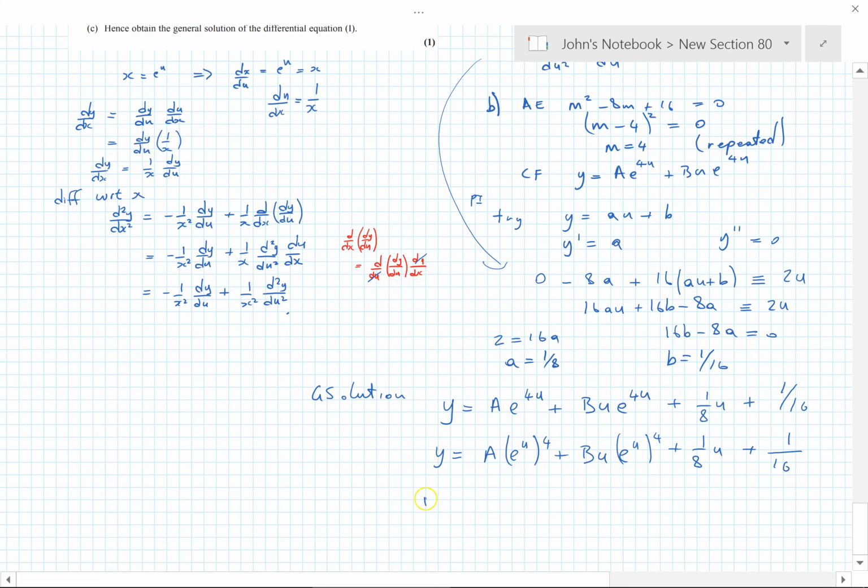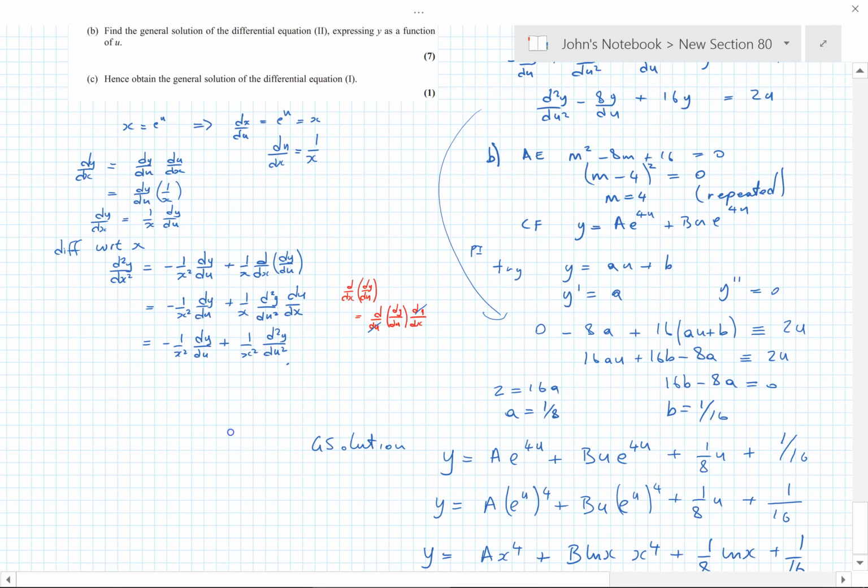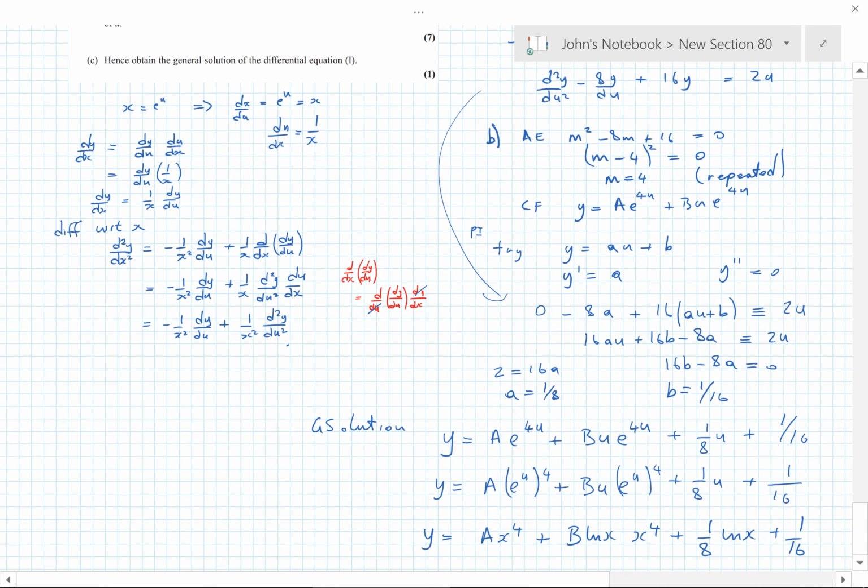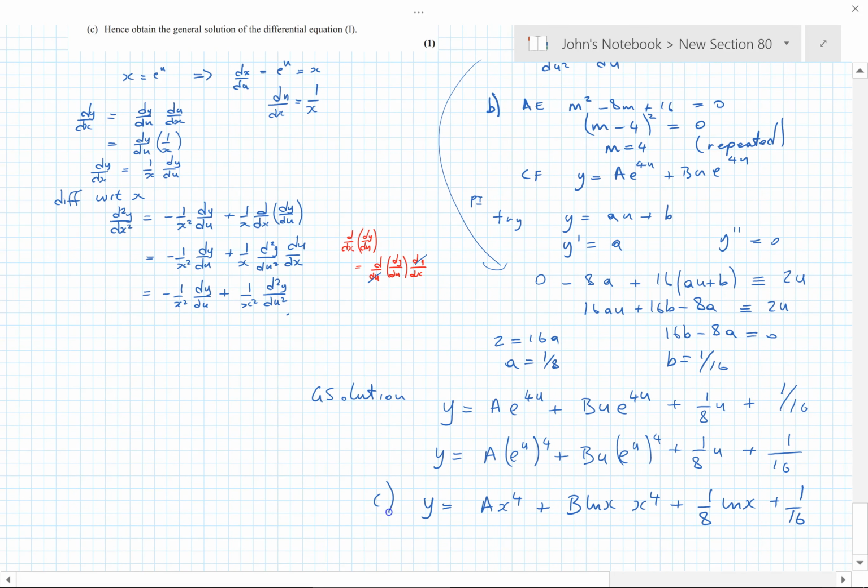So that gives us y equals a x to the 4. Now u is obviously equal to ln x, so that's plus b ln x to the 4, plus 1 over 8 ln x, plus 1 over 16. And I think that was actually part C of the question, I believe. So that is done.